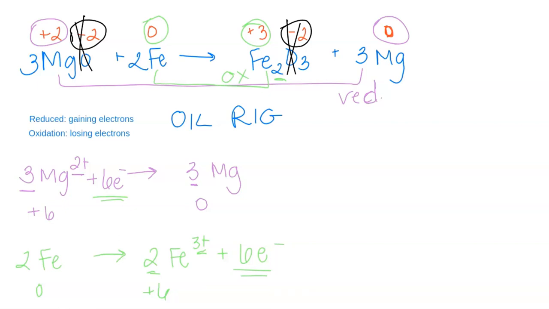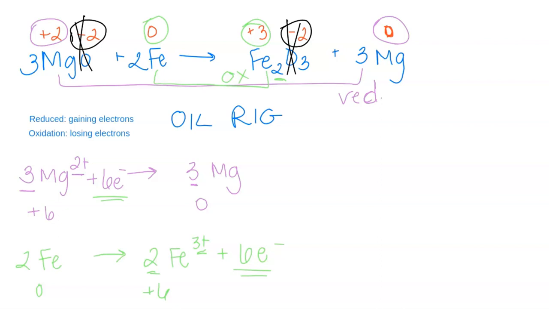The last piece that I wanted to look at was determining if something is an oxidizing agent or a reducing agent. So we need to remember what that means. An oxidizing agent is the element or compound that is used to help something get oxidized.